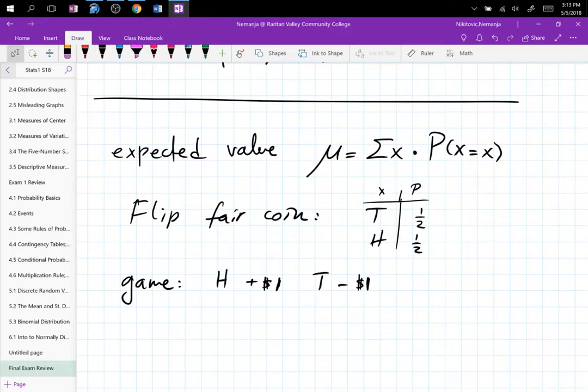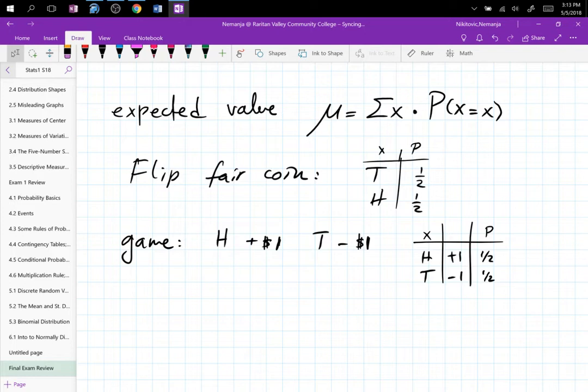So now I'm going to make this chart. Again, I have heads and tails, heads is +1 and tails is -1, and each probability is 1/2.